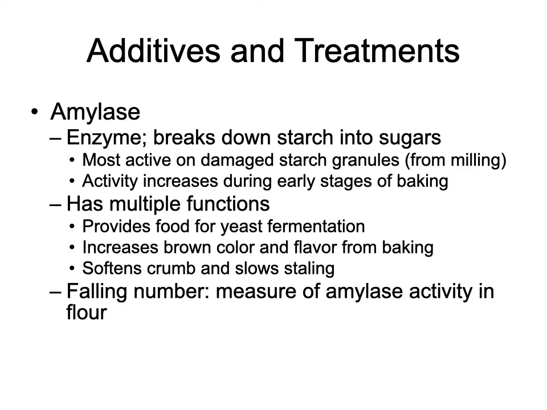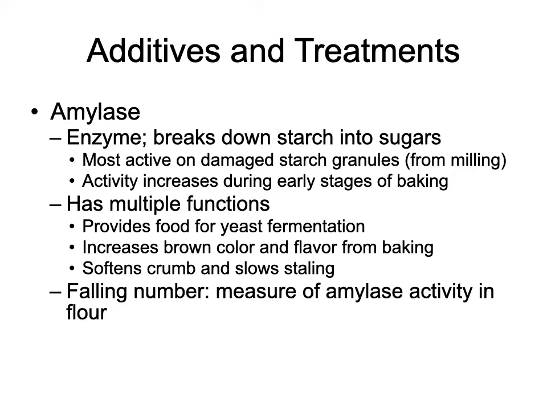The falling number is an industry term that we use to measure the amylase activity in flour. And for factory level bakeries, it's a really important number to know, because from batch to batch, from truckload or train load to train load, when it comes to wheat, they want to measure that amylase activity so that they know if it's going to be consistent with the last batch they got.